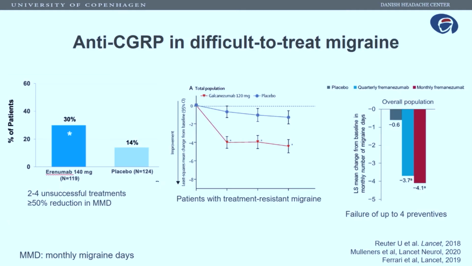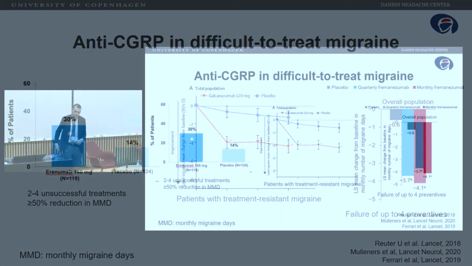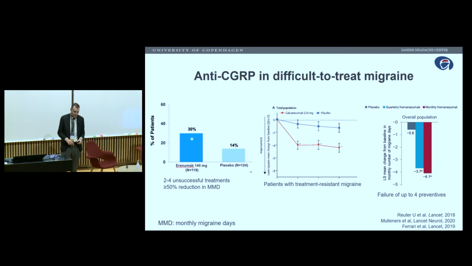Then there are some I've called difficult to treat migraine patients. So some patients will not respond to your initial treatments, some will have unsuccessful prevention with first-line or second-line treatments, and what to do about these.